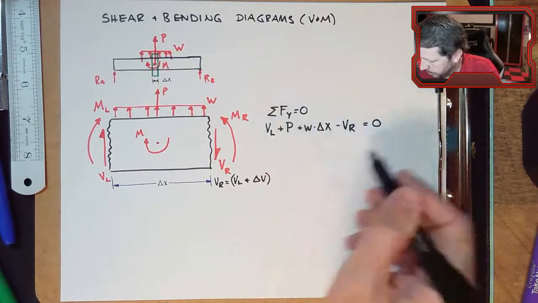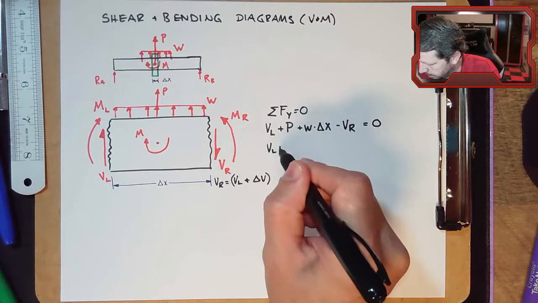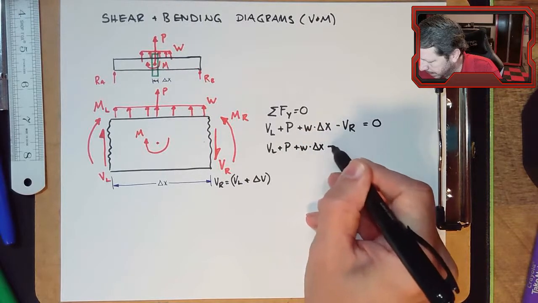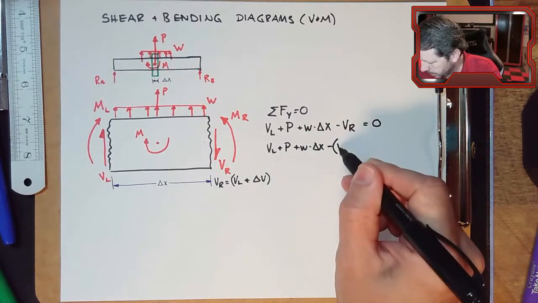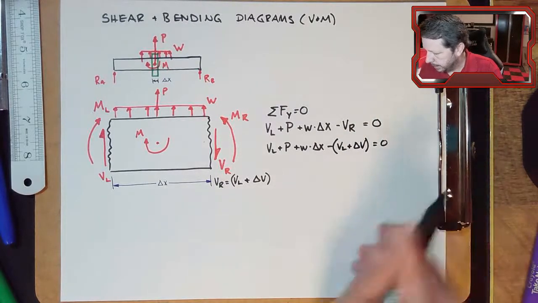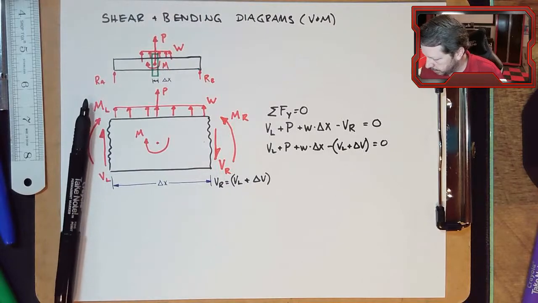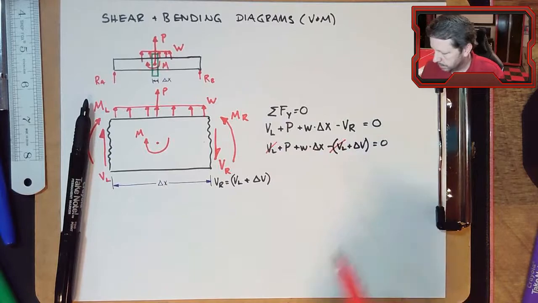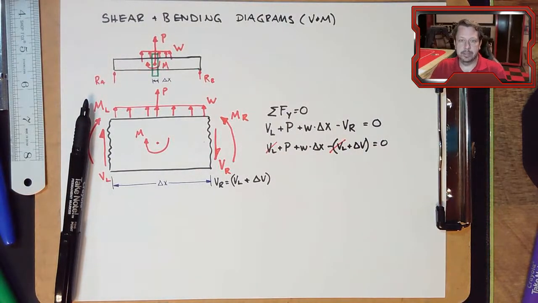That would make this equation VL plus P plus W times delta x minus this term, VL plus delta V, equals 0. And you can see here I've got minus VL plus VL, so those subtract one another.